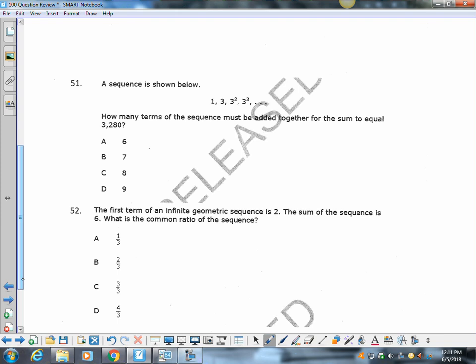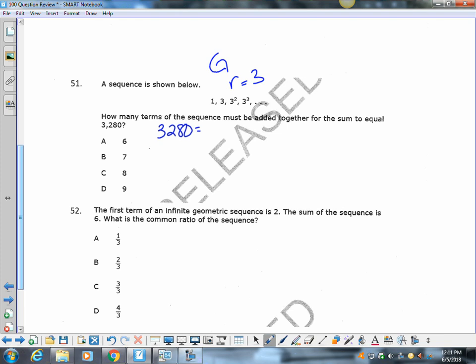Okay, and number 51 says how many terms of the sequence must be added together for it to equal 3,280. So I want the sum to be 3,280. I'm going to look at this and I know that it's geometric and that my R is 3 because I'm multiplying by another 3 each time.